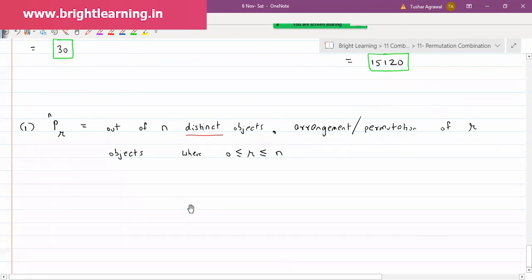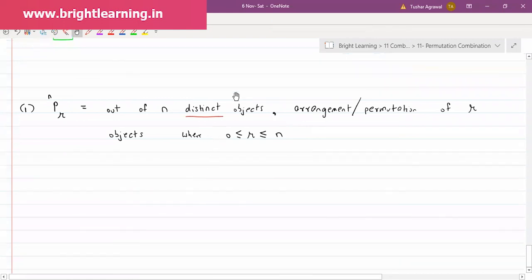Okay. So let's say this is the team selection, batting order question. Out of the 15, n is equal to 15. There are 15 distinct players. Obviously, the players are different. There are no clones here. There is no clone of Virat Kohli. So there are 15 different players. Out of those 15 different players, we have to arrange 11 players. R is equal to 11. In how many ways can you arrange 11 players?